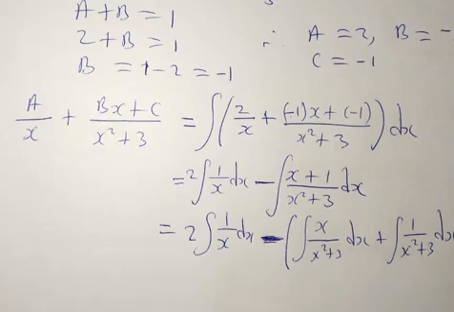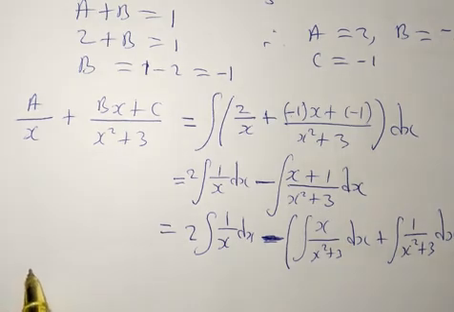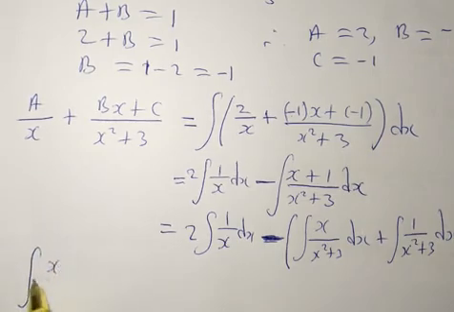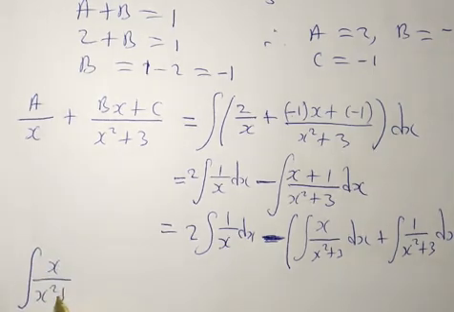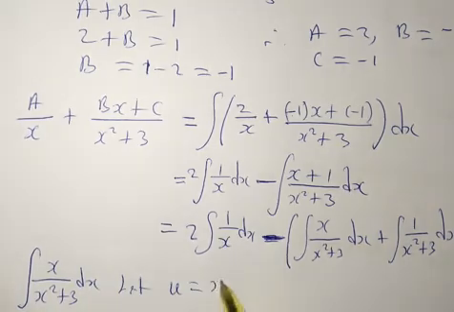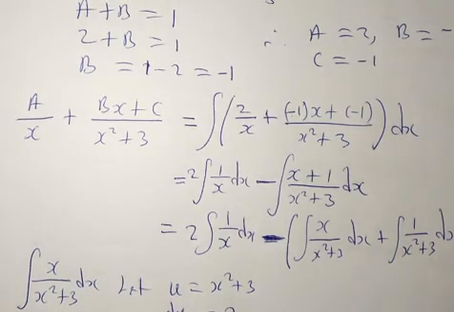So to do this, let me take only the middle one. The middle one is that we have integral of x over x square plus 3. We would solve this one by substitution. Then we say let u be equal to x square plus 3. That is, du over dx is equal to 2x.